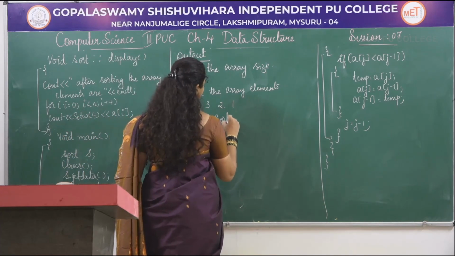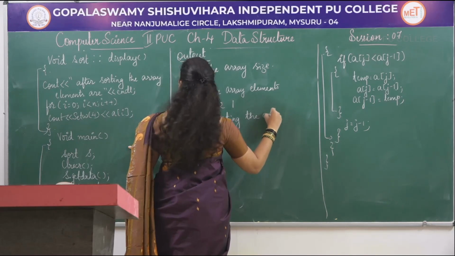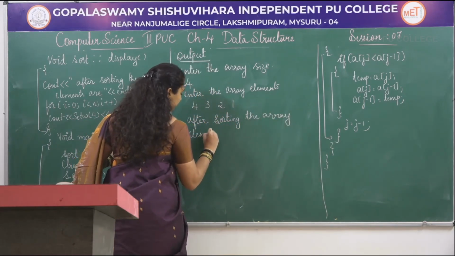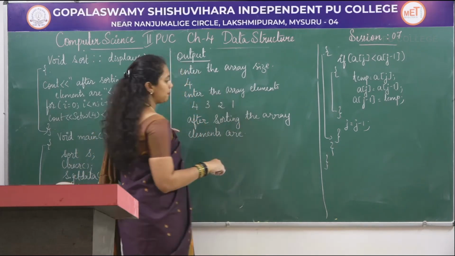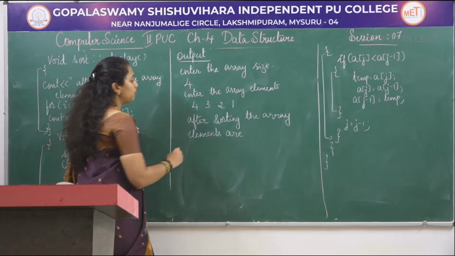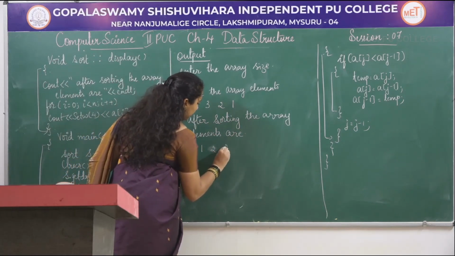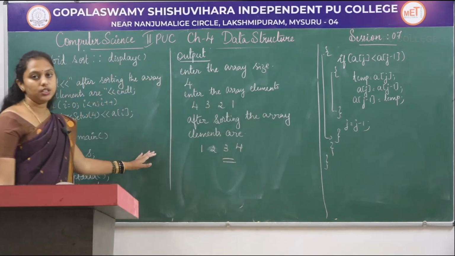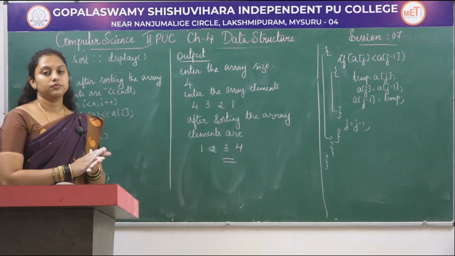So after sorting, the array elements are, after performing comparison, the output is 1, 2, 3, 4. So this is the output for insertion sort. Thank you.